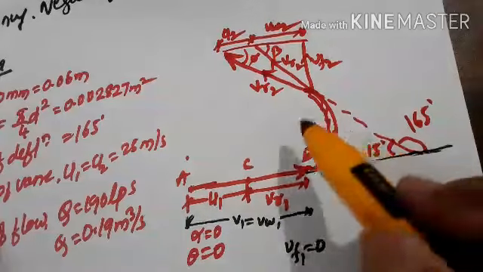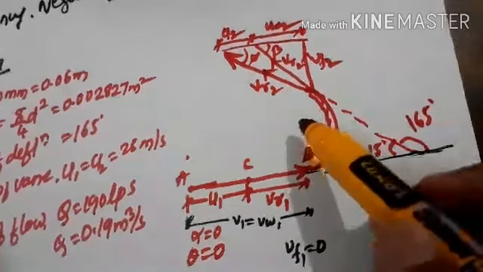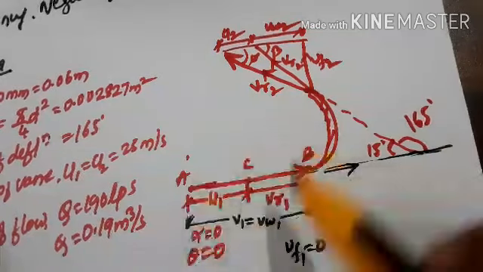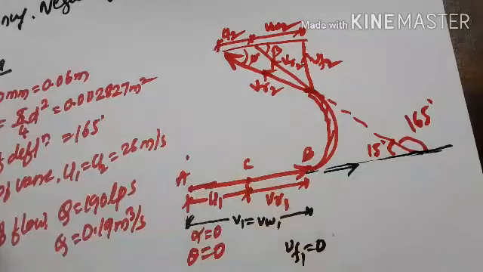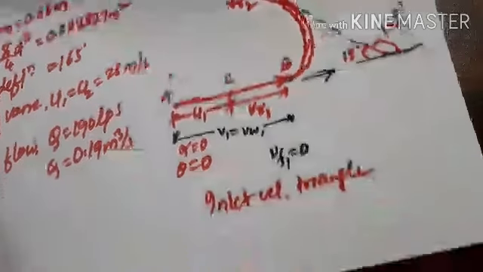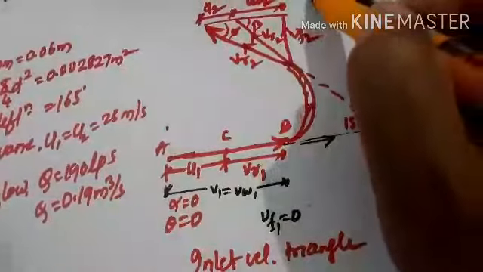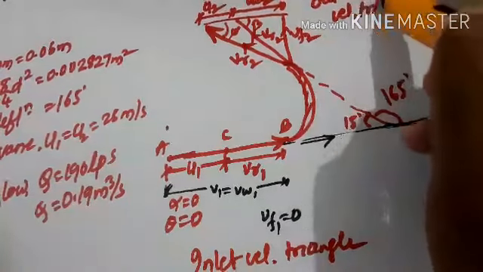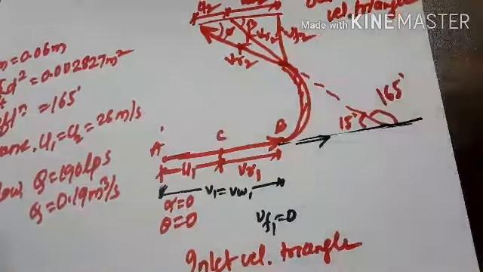Okay. So once you have drawn the velocity triangles at inlet and at outlet, this is the inlet velocity triangle, and this is the outlet velocity triangle.